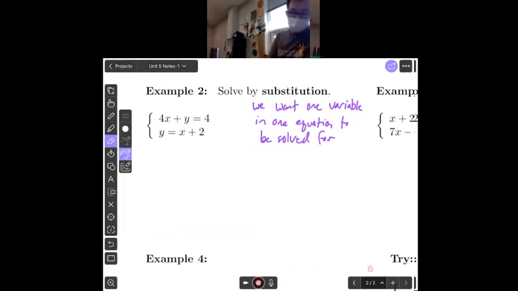And so we can see with this one that y is already by itself. So this problem is set up perfectly for the substitution method. Once you know what y is, you can substitute it into the other equation. So we're going to replace that first y with that expression x plus 2.